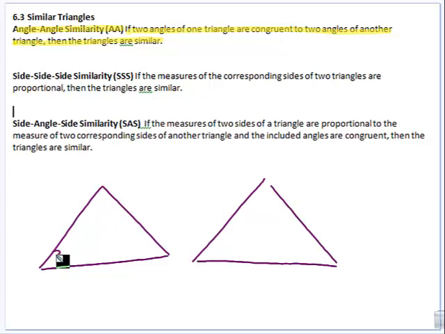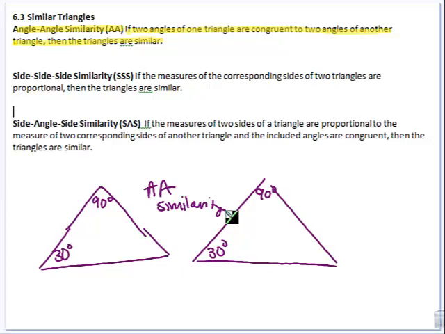If we are told that this angle is 30 degrees, and this one is, let's actually make that 90, so if these are both 30 degrees and these are both 90 degrees, we'd say that these two triangles are similar by angle-angle because they have two angles that are the same.